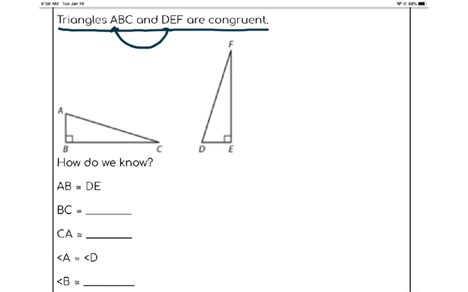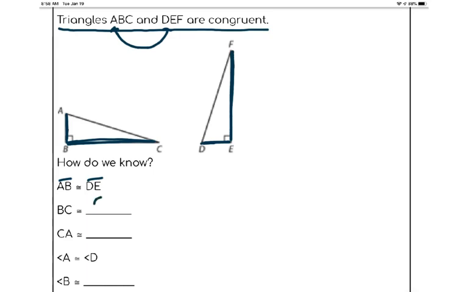So how do we know? First, it tells us that AB is congruent to DE. This is referring to the sides, side AB and side DE. Notice how they're in the same position on both triangles. Then BC is going to be congruent to what? Which side is in the same position on DEF as BC on ABC? You might be saying that would be EF.